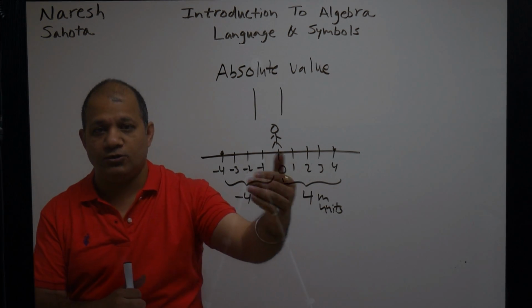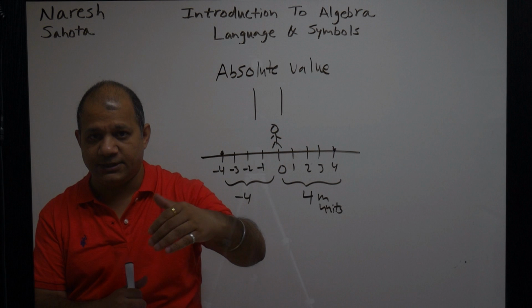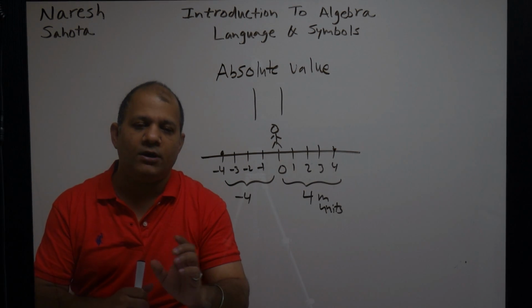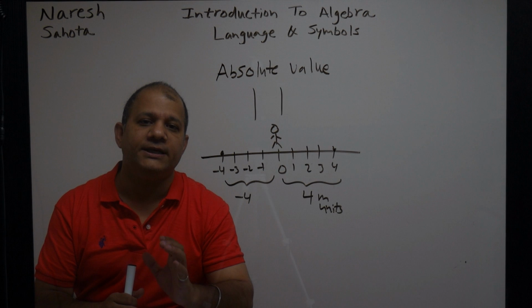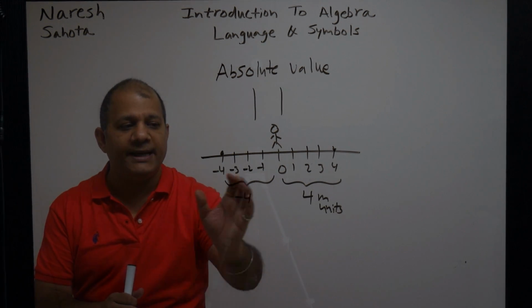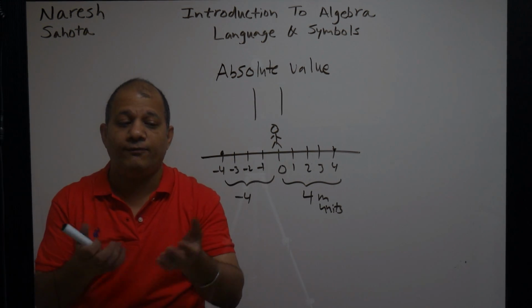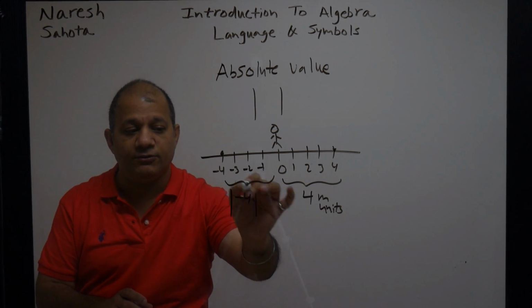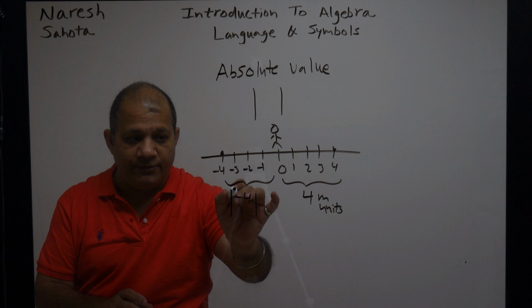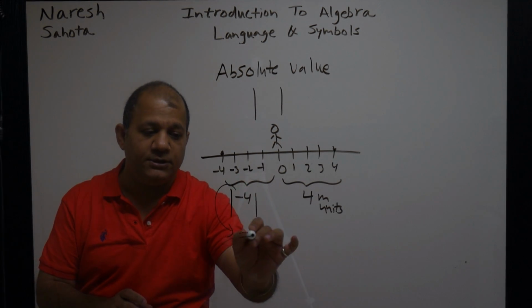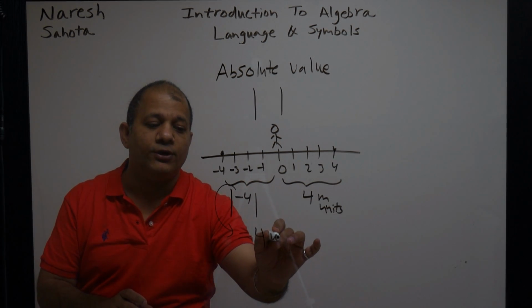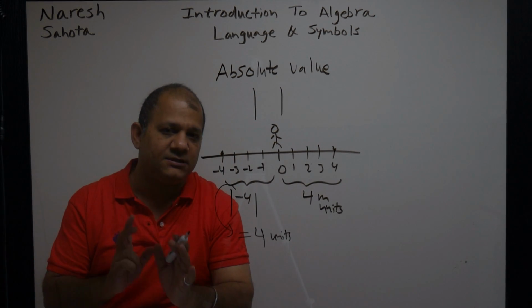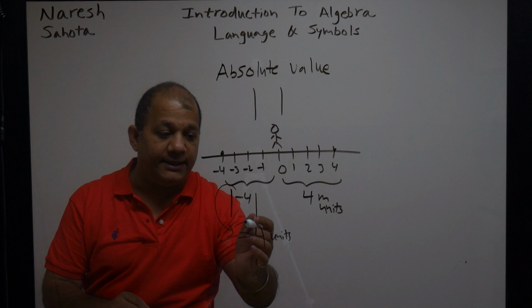We know you walked towards the left, the opposite direction compared to your original direction. But at this point, we're not interested in the direction, we're only interested in the magnitude. The magnitude is that you still walked 4 units of distance. So what we do is we take the absolute value of this, and what comes out is positive 4. So the distance you traveled is still 4 units. That's the concept of absolute value.